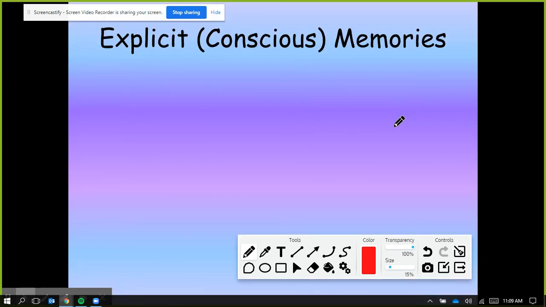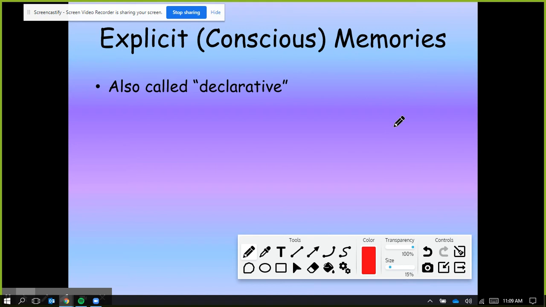Explicit or conscious memories are also called declarative. Does anybody remember from last class why these are called declarative memories? Because we can consciously declare them.